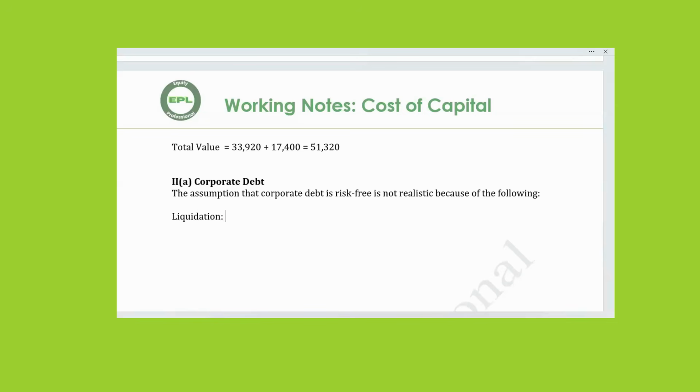So liquidation. When a company liquidates, its assets will be disposed of, and the liabilities will be settled therefrom.